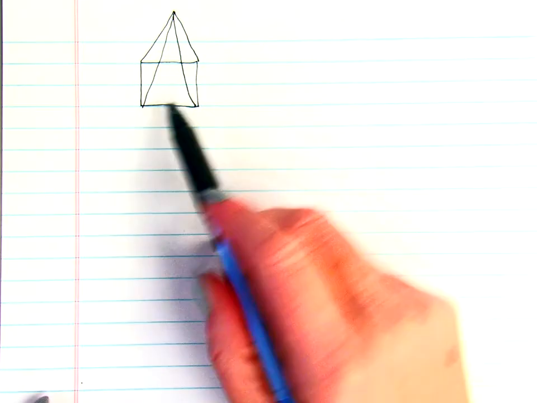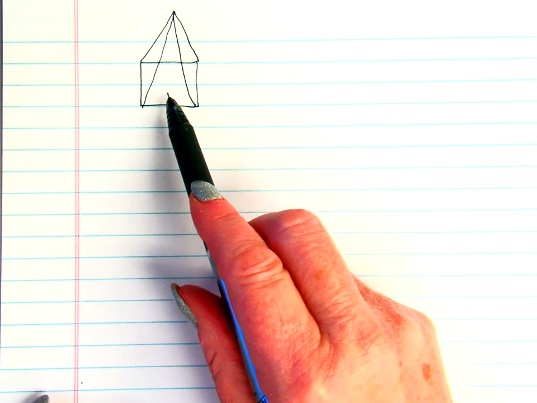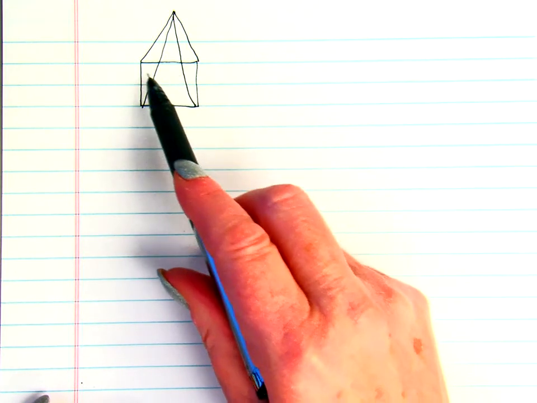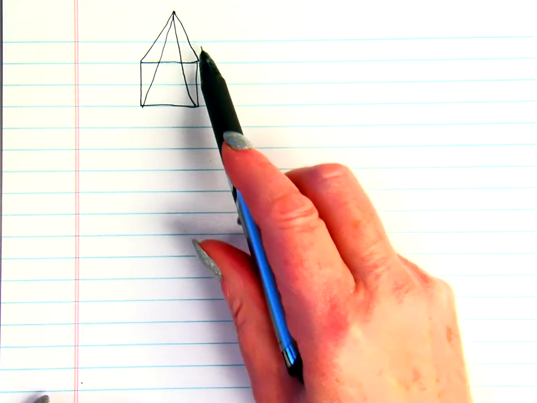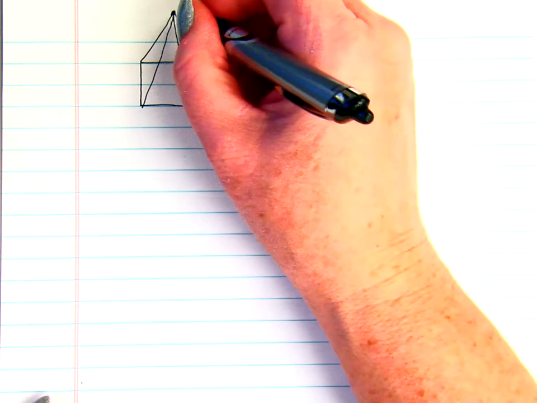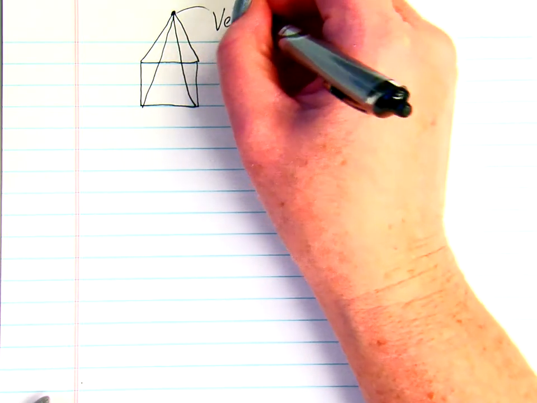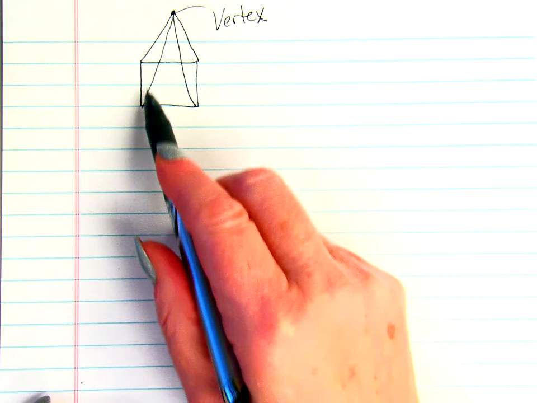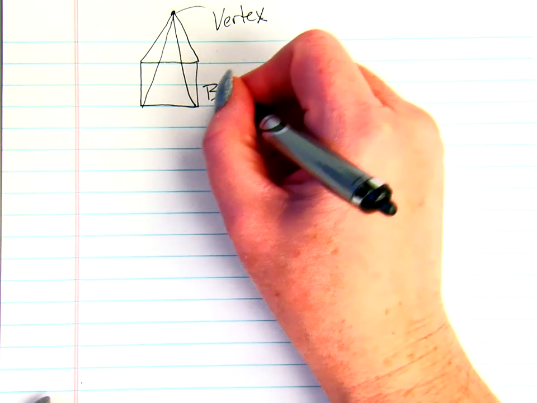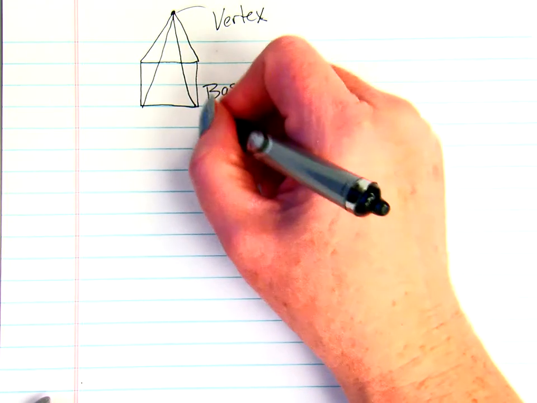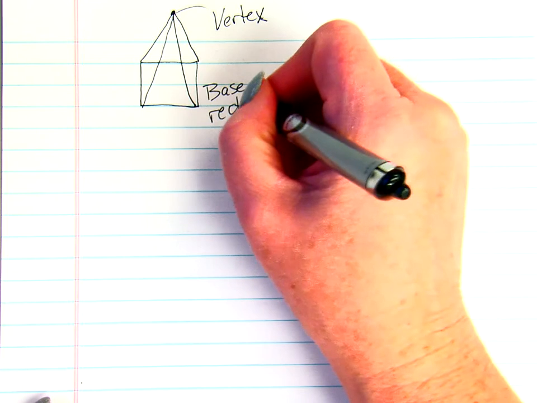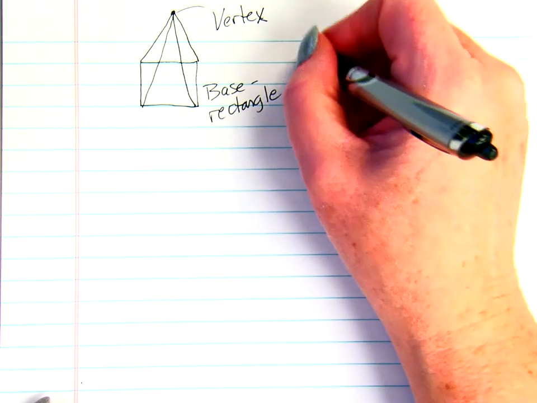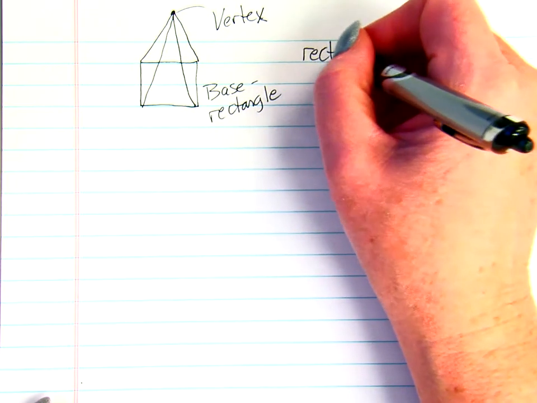You can see how these faces are triangles, and there are 4 triangles leading up to this vertex point up here. So the base is a rectangle, so we would actually call this a rectangular pyramid.